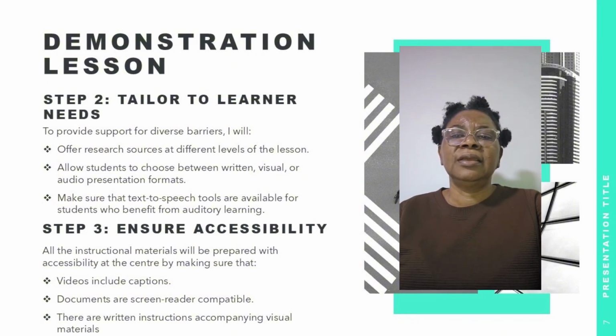Step 3. Ensure accessibility. All the instructional materials will be prepared with accessibility at the center by making sure that videos include captions, documents are screen reader compatible, and there are written instructions accompanying visual materials.